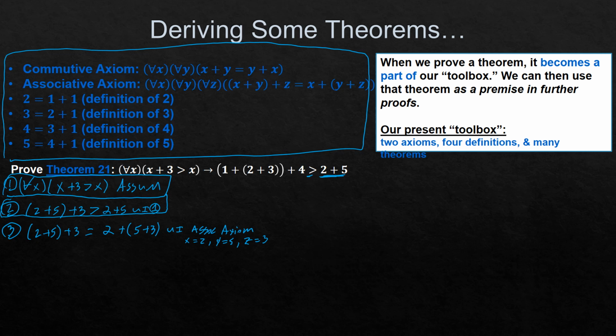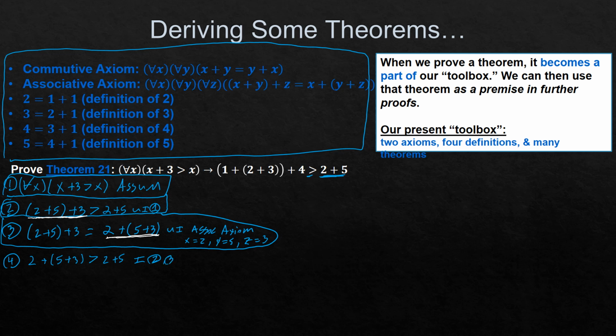So now note that we can use this fact that this right-hand side is identical to this left-hand side. So we can replace this with this, because we're just going to be using the identity rule. Hence for line 4, we'll say that 2 plus parentheses 5 plus 3 is greater than 2 plus 5. This is the identity rule with lines 2 and 3.